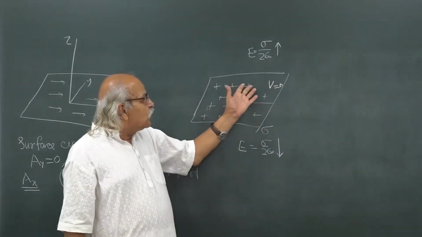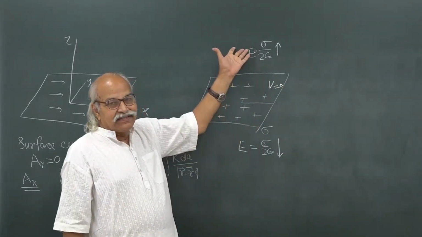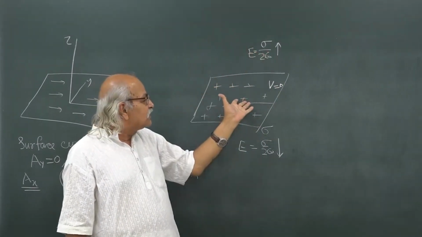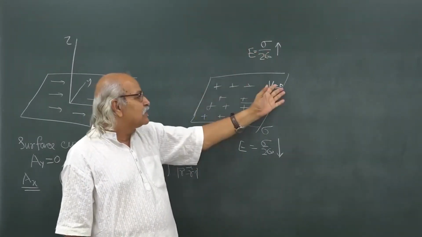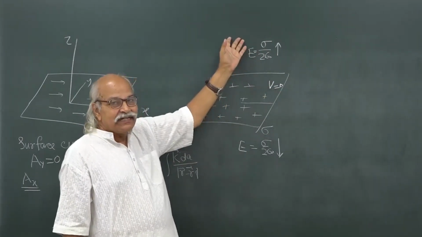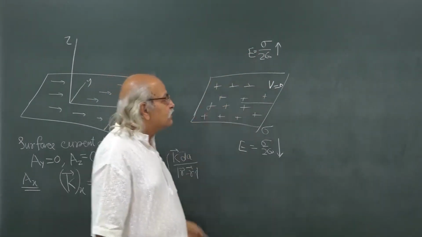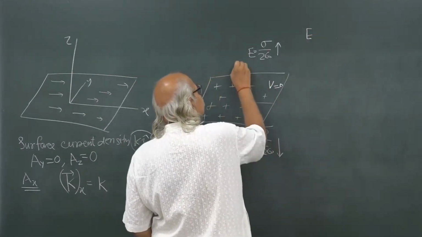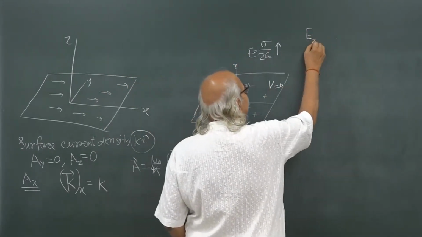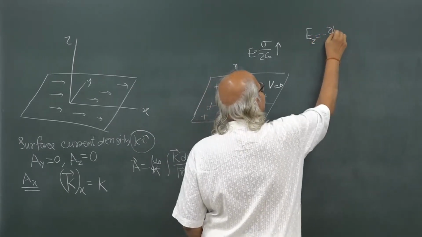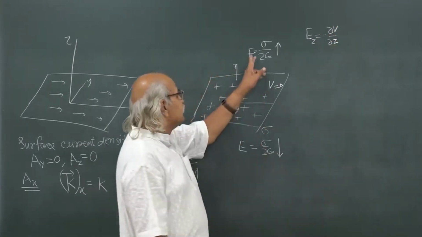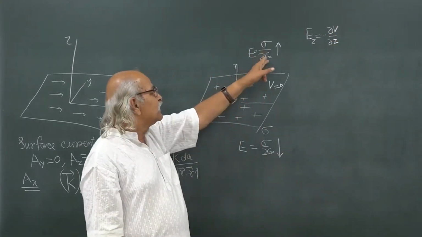And then as you go up, the electric field is in the upward direction. So, the potential will decrease. Here it is 0, here it will be negative. And how will it go? Our expression should be, if this is the z direction, then Ez should be minus del V del z. And since this Ez is constant, it is sigma by 2 epsilon naught.